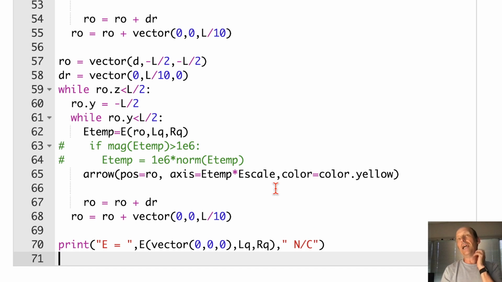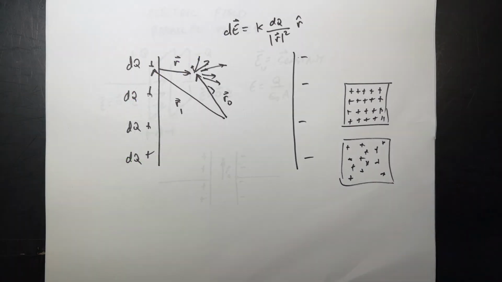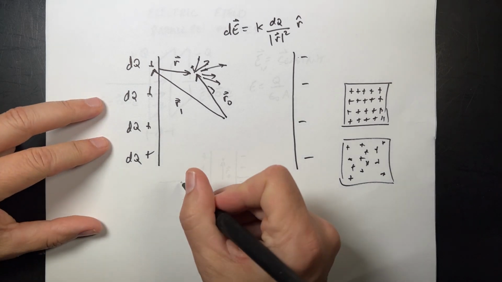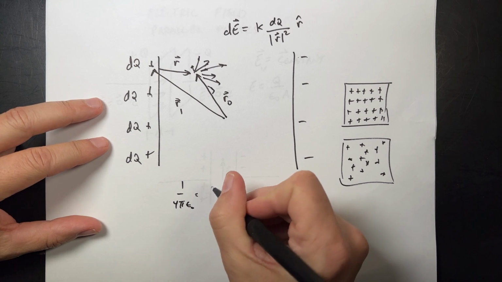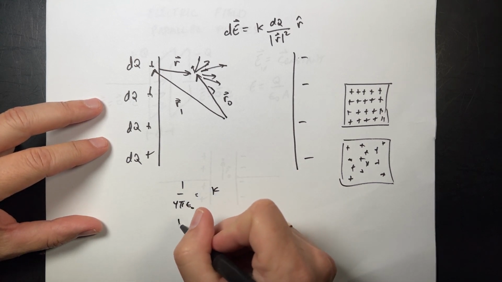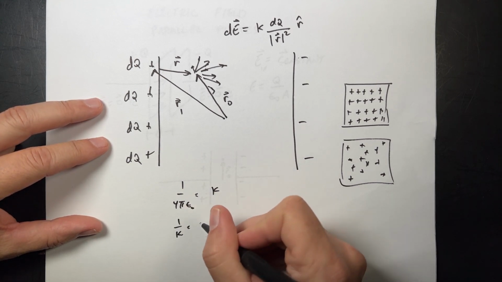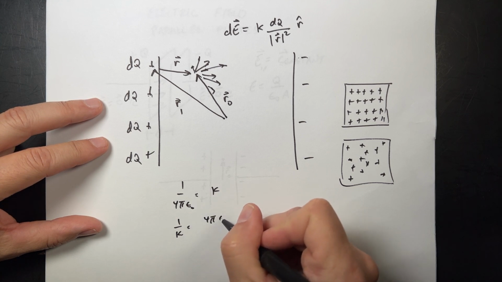So in this case, I need epsilon naught. Just a quick note here, 1 over 4 pi epsilon naught is equal to k. So let me switch to the paper because I always make a mistake here. Let me write this out. 1 over 4 pi epsilon naught is equal to k. So 1 over k equals 4 pi epsilon naught.